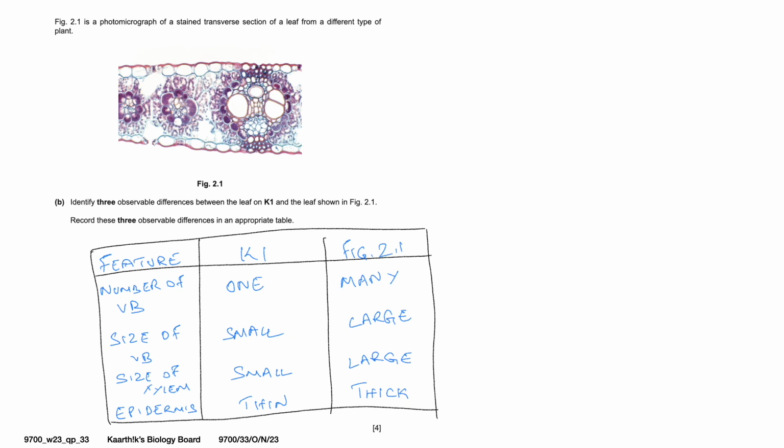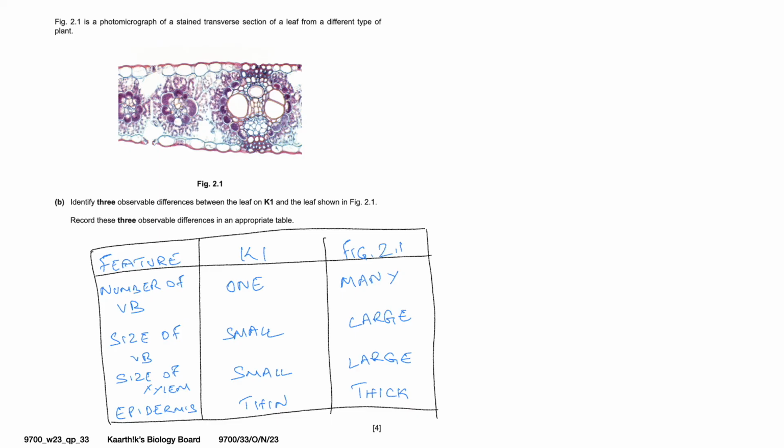And the size of xylem also is small in the specimen on the slide, and large in the image given here, figure 2.1. And the epidermal layer is also thin on the specimen, and here it is thick. These are not the only pointers we should look at for the features.